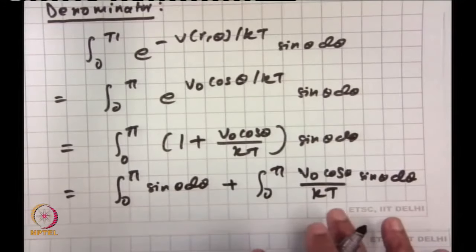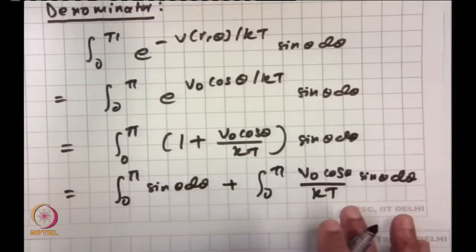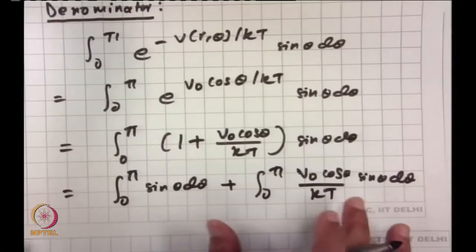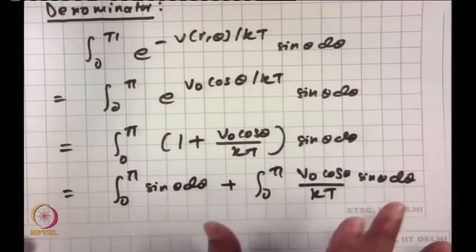So, you can see what we have done is, from a complicated exponential integral we have split it into a sum of two very easy integrals, okay.